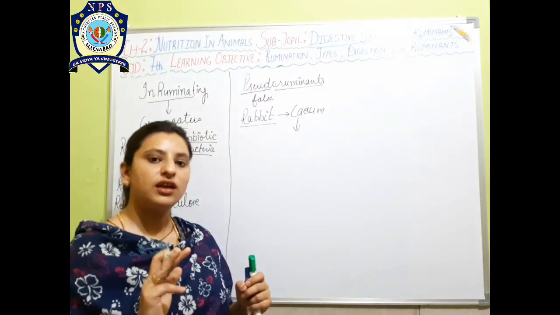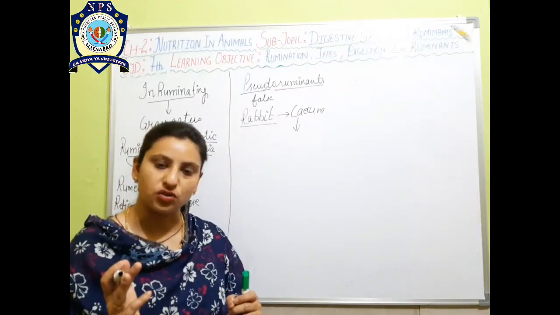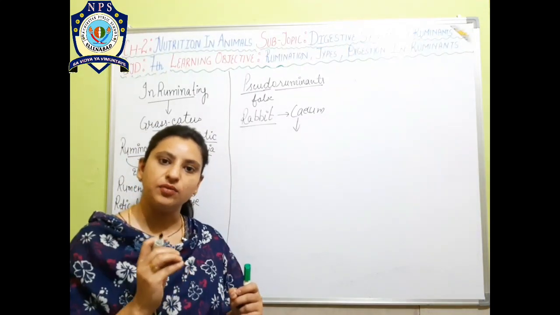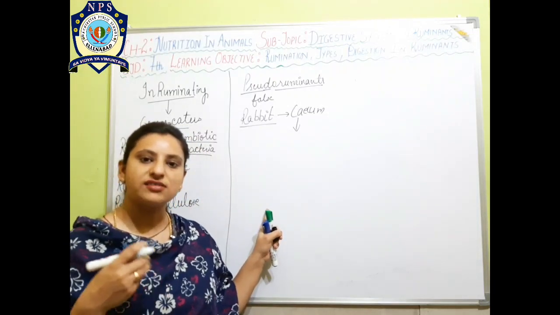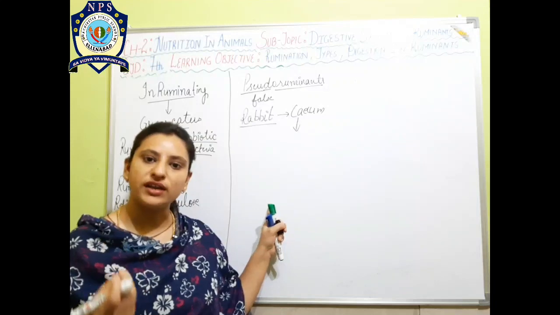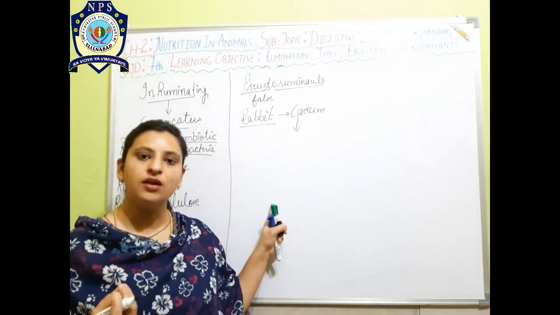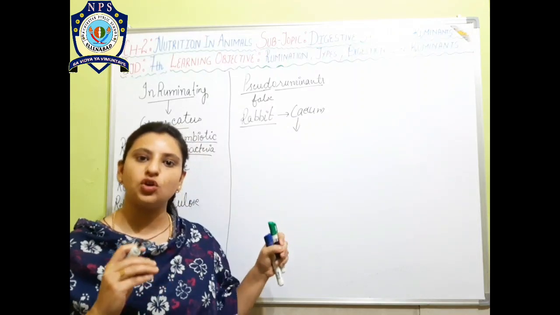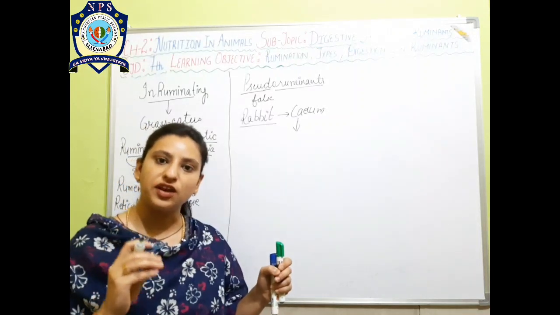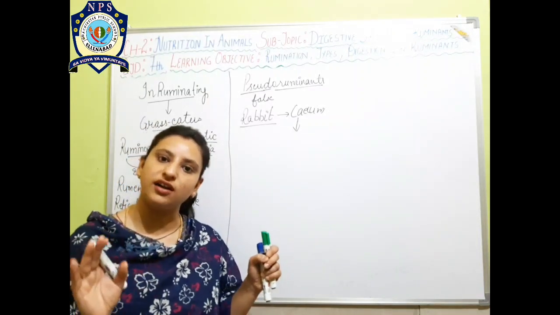Now here two things we have to understand. These pseudo ruminants defecate or pass out fecal matter twice in a day. If we consider the daytime, then the food defecated by the rabbit is totally undigested.